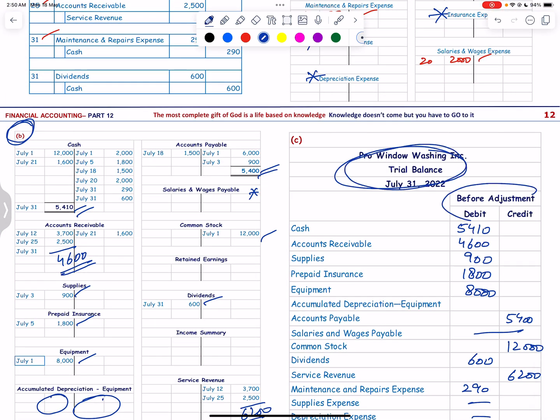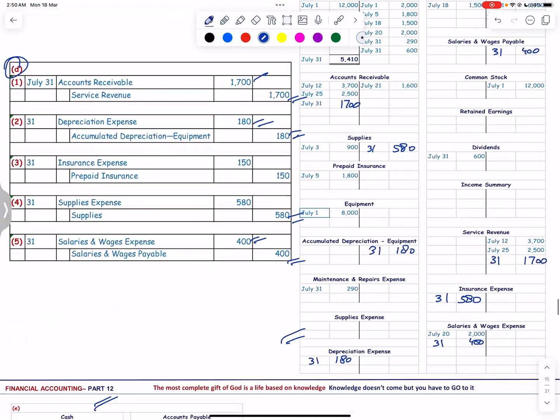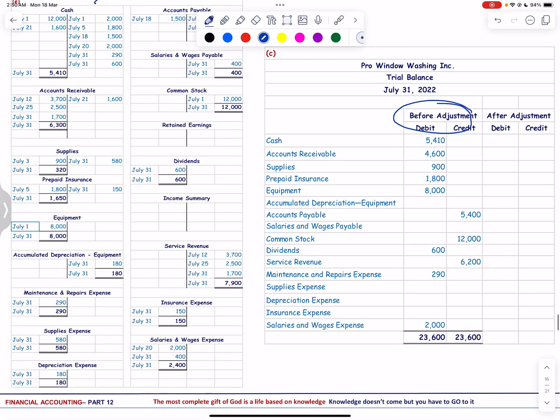Now we have cash 5,410. Then we have accounts receivable, and accounts receivable is 6,300. We have prepaid insurance 1650. We have supplies 320. Then we have equipment 8,000.